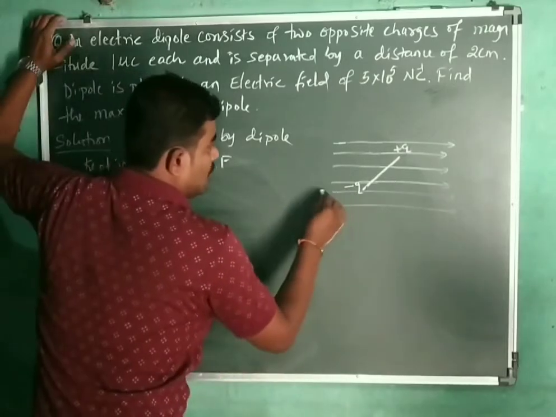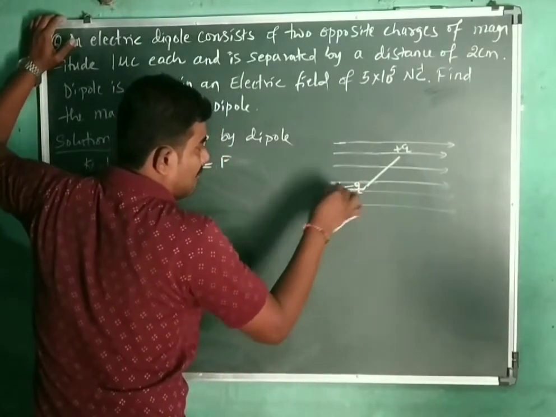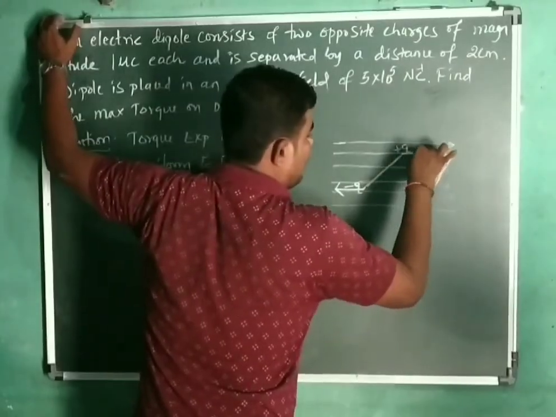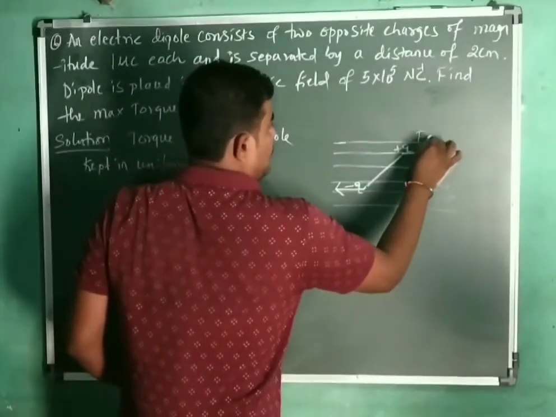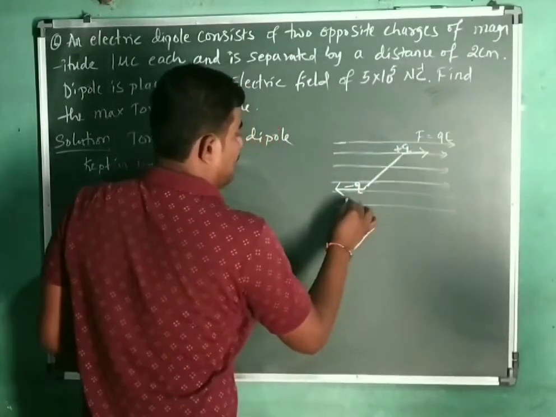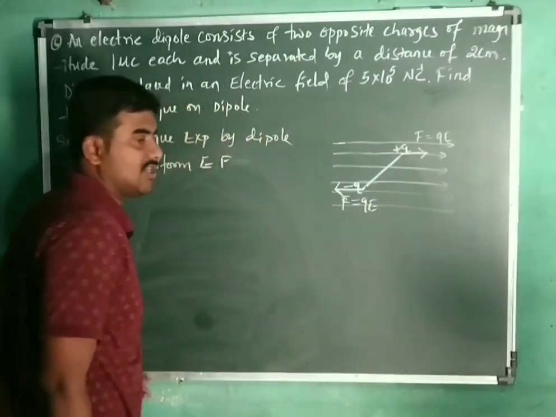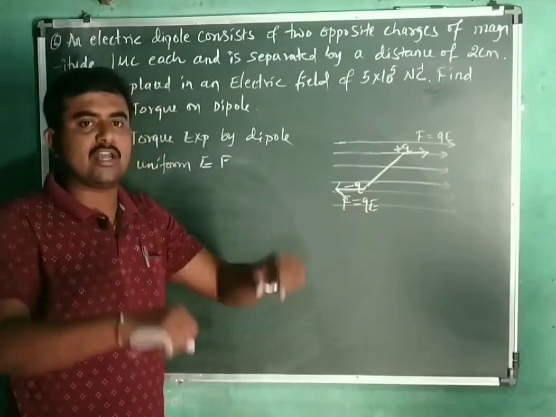Because you know this minus Q will get attracted by the electric field, and this plus Q gets repulsed by the electric field. Okay, therefore these two forces, F is equal to QE and F is equal to QE, these two forces, a couple of forces, constitute torque, and therefore this dipole experiences a rotation.